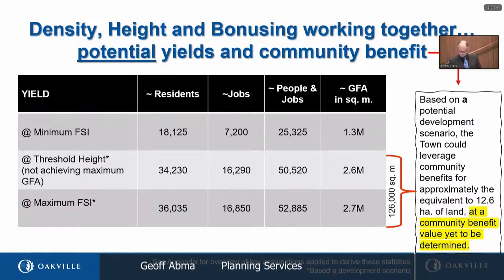This would be the amount of floor space that the town would have an opportunity to negotiate for additional community benefits that we've been talking about. But it's through the development of the CPP bylaw that we would need to determine what the value of that GFA would be and how it translates into a community benefit that's commensurate with the amount of GFA that's getting provided.